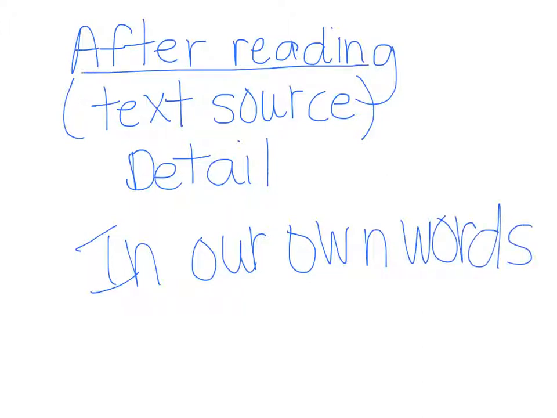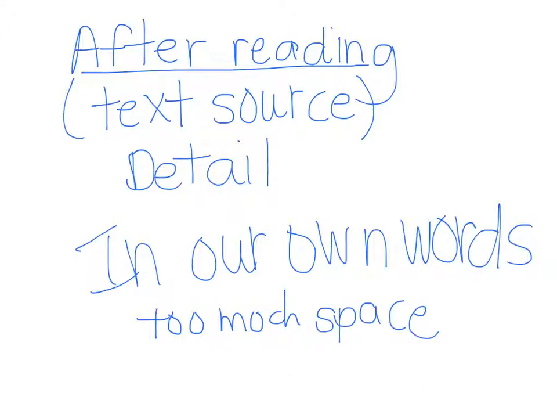After reading Problems with Bicycle Sharing, I have realized that it's not a good idea to share bicycles because they take up just too much space. The words too much space are written in my own words, but I got that information from the text, so I cited it. Now I'm going to give examples of too much space here and wrap up my detail.